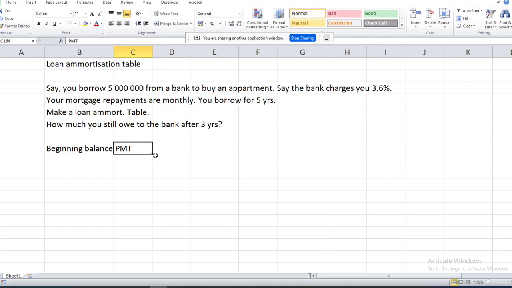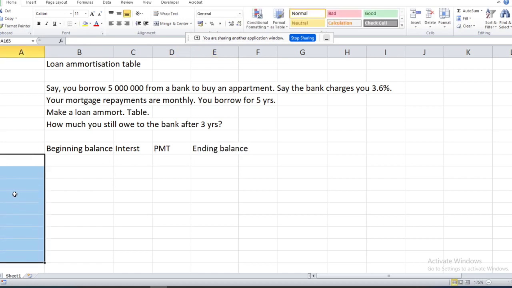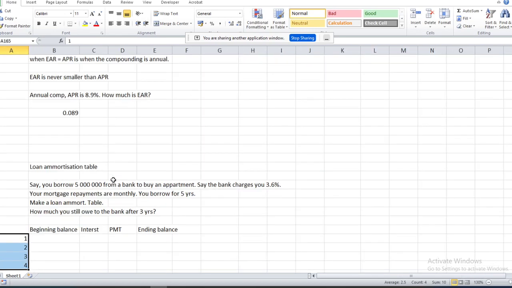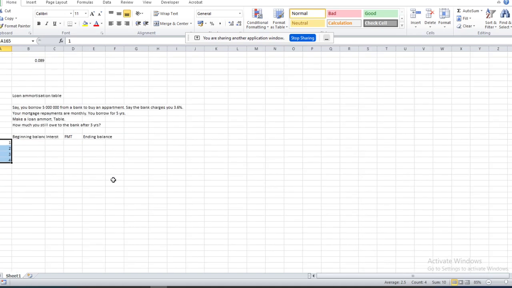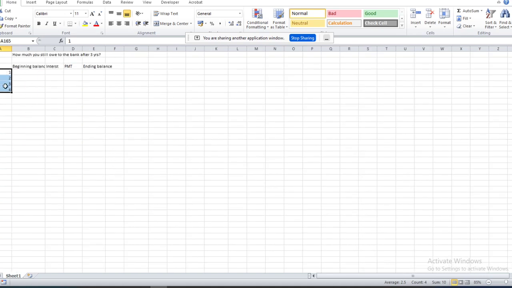Let's look at interest, then regular payments, and ending balance. There it is. And we have periods over here. So the first month and second month and third month and fourth month. How many months do we have? 12 times 5 is 60. Oh my god, it's going to be a big table. Let's zoom out a little bit. We can still manage. The computer is going to do a lot of calculations for us, so that's fine.